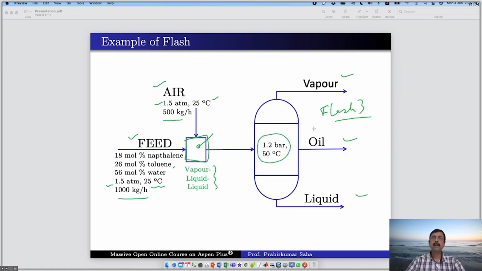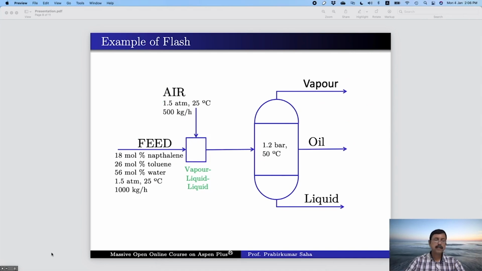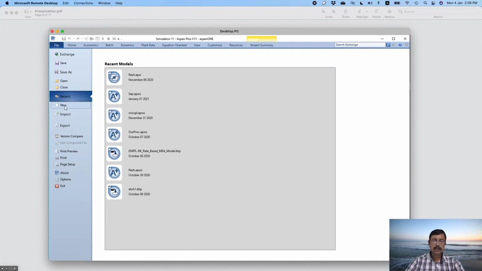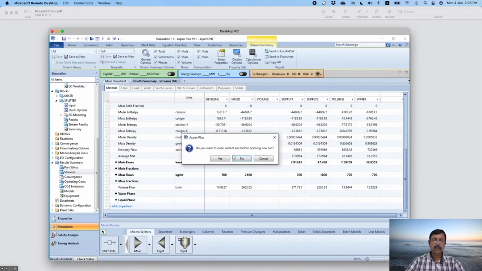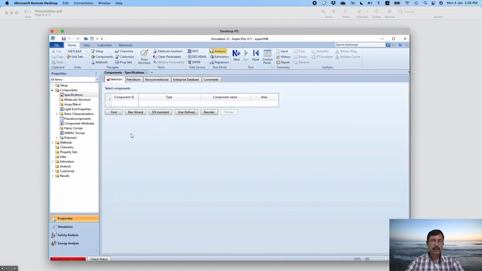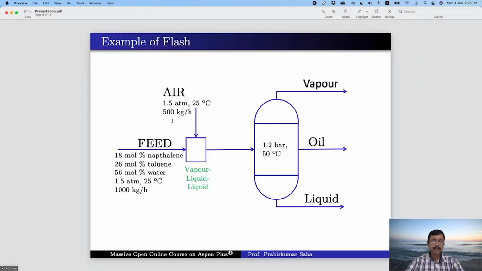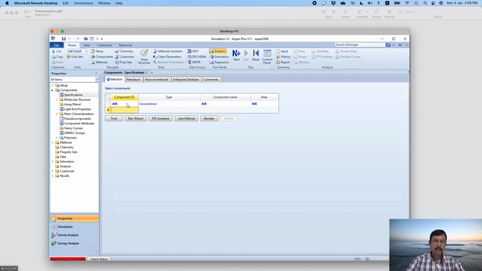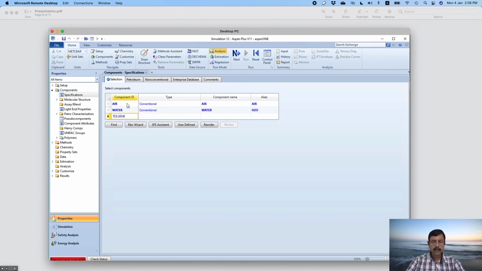So let us do this problem in the Aspen Plus domain. For that, let us open a new file, blank simulation, close it and don't save. Here we have four components: air, water, toluene, and naphthalene.